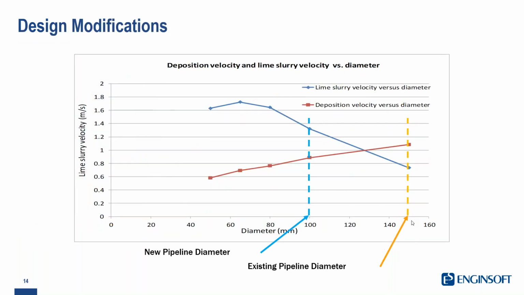You are at this point of the diameter, and you would like to go to 100 millimeters of new pipeline diameter, and so you are moving to a safer region in terms of deposition velocity and lime slurry velocity, which are higher, and deposition is lower than the previous simulation.